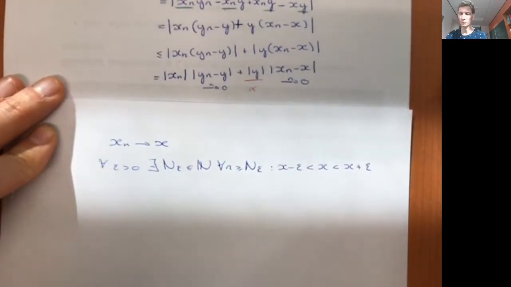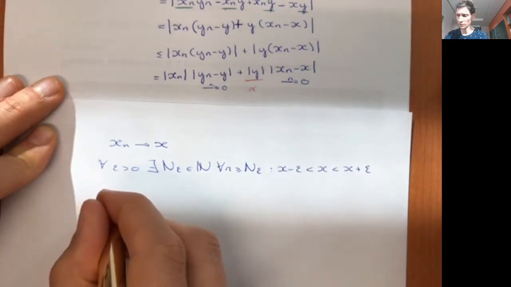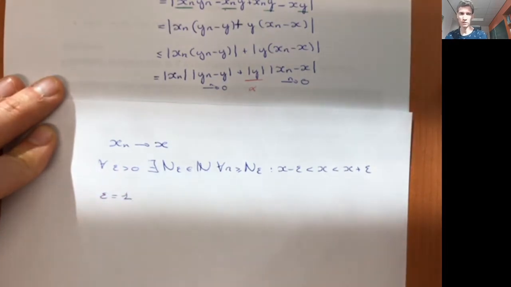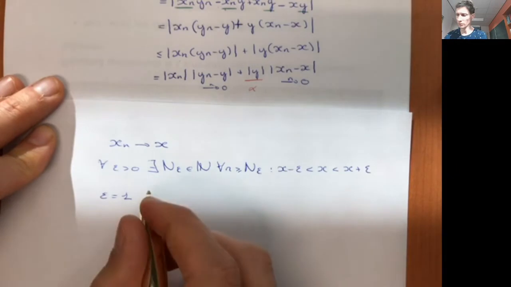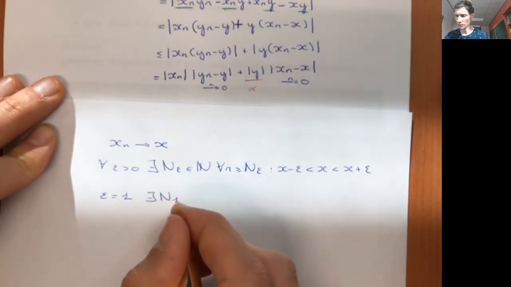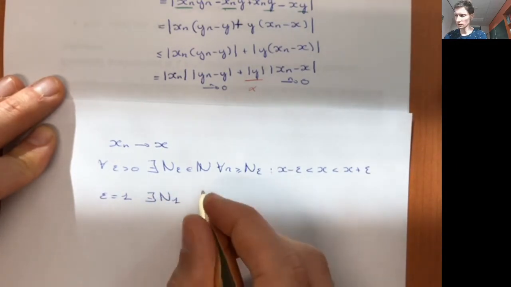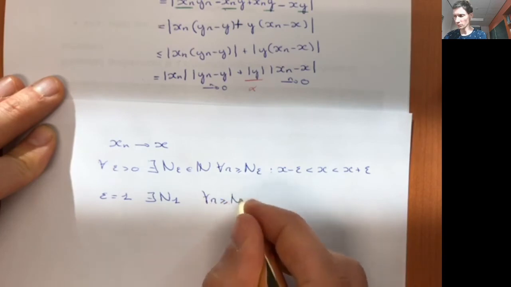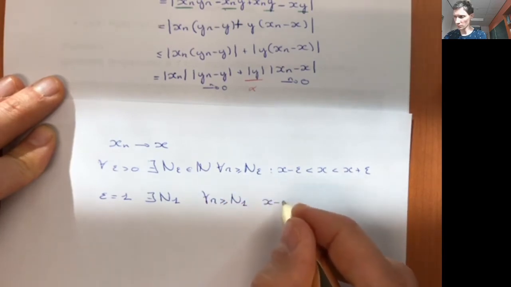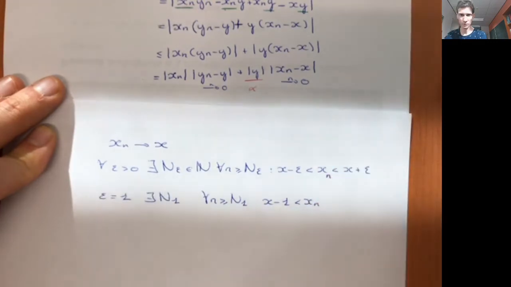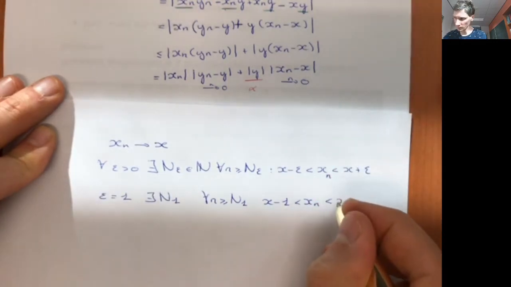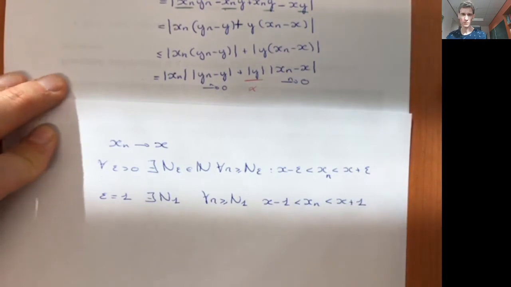We'll just fix an epsilon. For example, set epsilon equal to 1. I could have taken another number, but let me take 1. So we know that there exists a number n1 such that for all n greater or equal to n1, x minus 1 is smaller than xn is smaller than x plus 1.